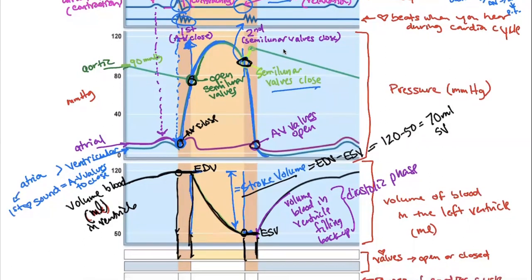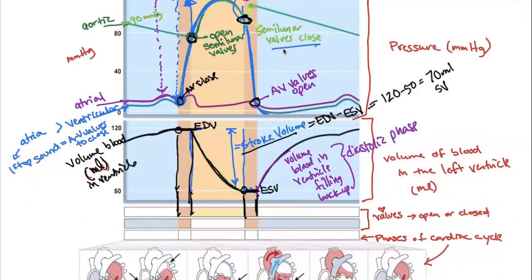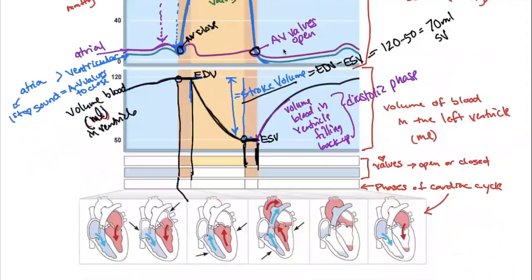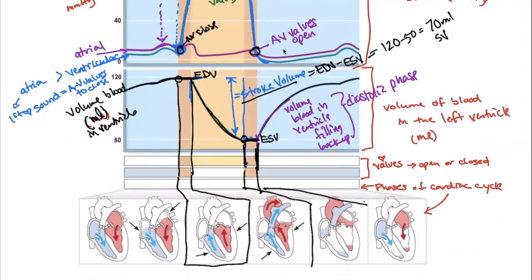Hopefully you notice that there is no volume change. The volume's staying the same during this period and during this period. And that's kind of corresponding to these pictures here that are showing you there's no volume change in the heart.